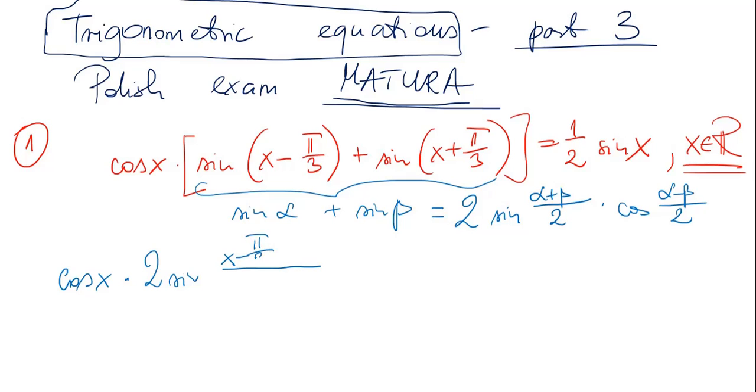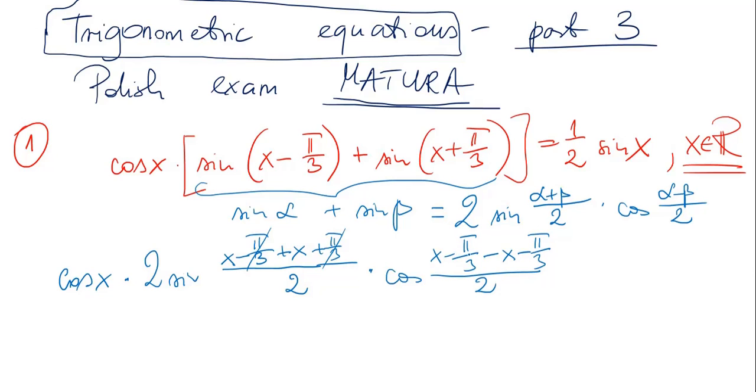So let's do it. As you can see, pi third has reduced because we have minus pi third plus pi third, so let's just cross them out.